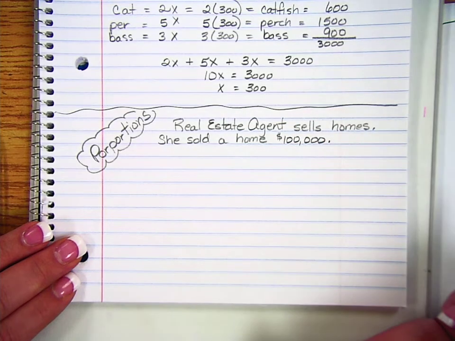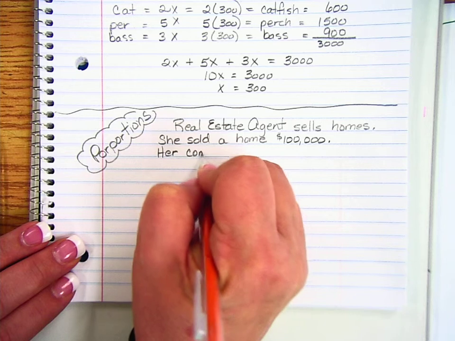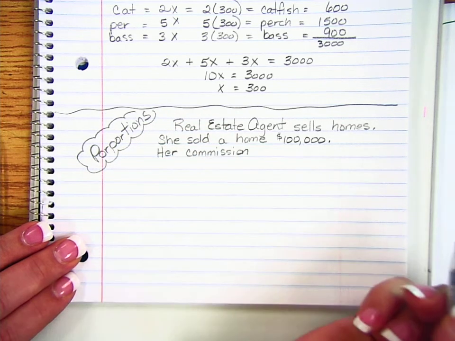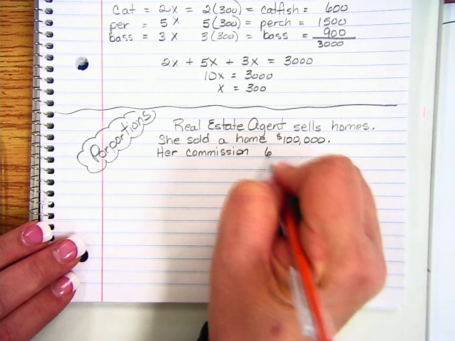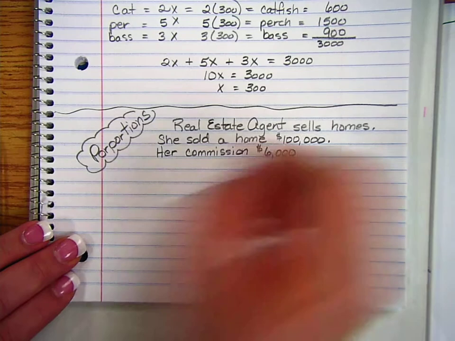She sold the home for that. Her commission, or her cut, on that sale was $6,000. That's what she was paid.